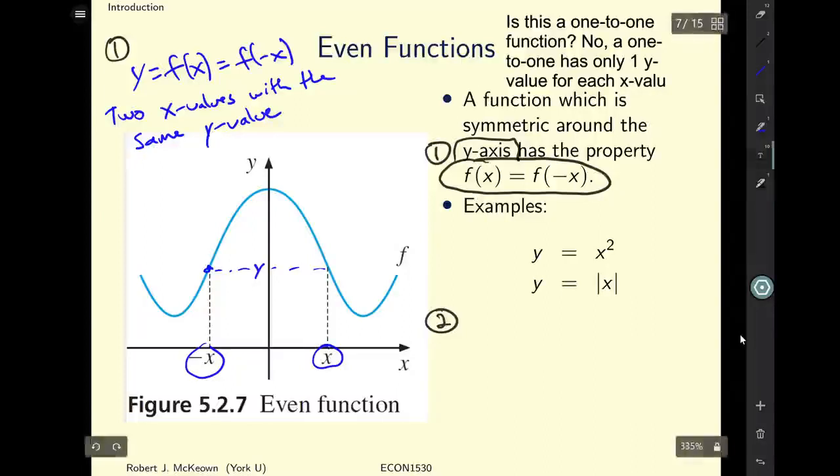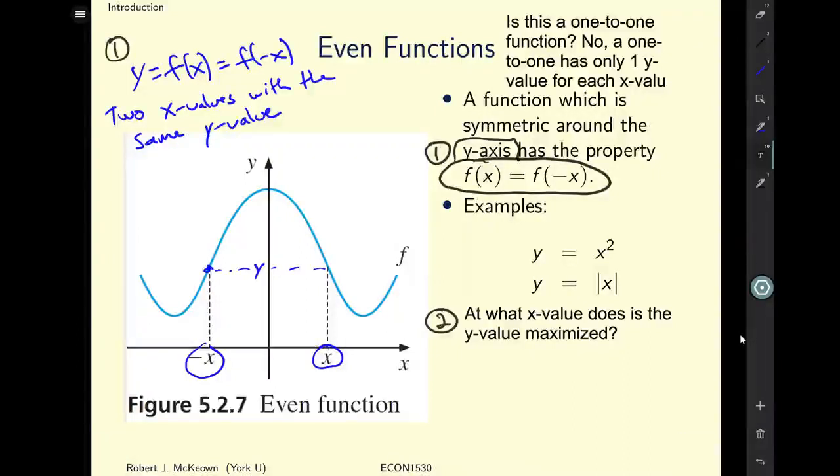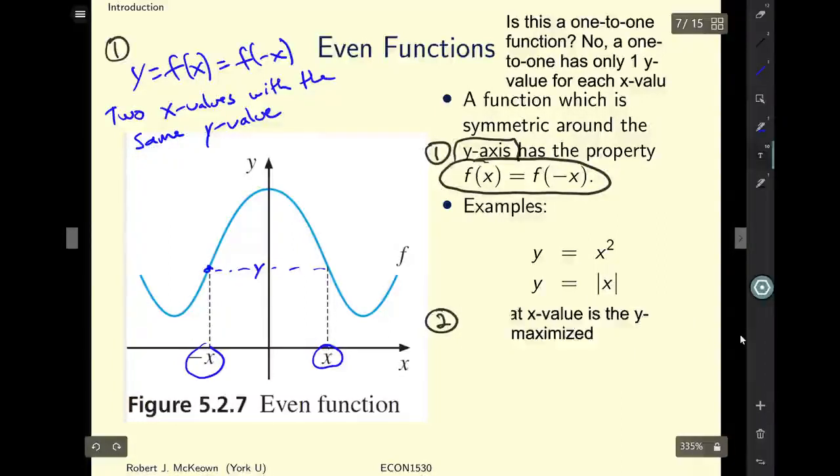Notice that if I asked you at what x value is the y value maximized? So looking at the graph, at what x value is the y value maximized?